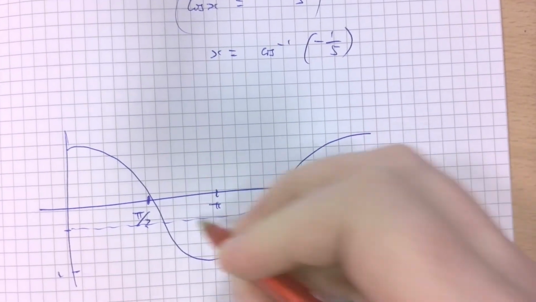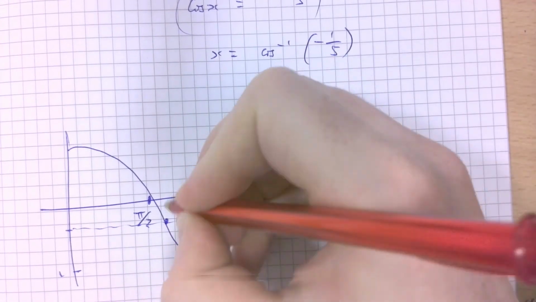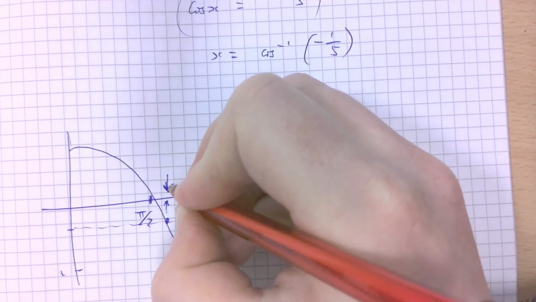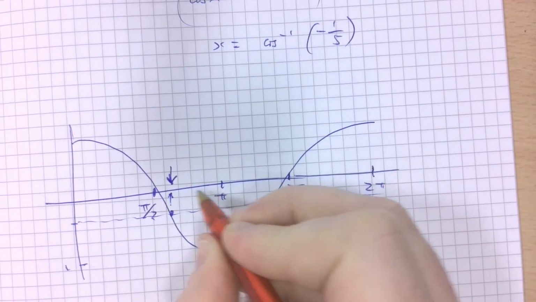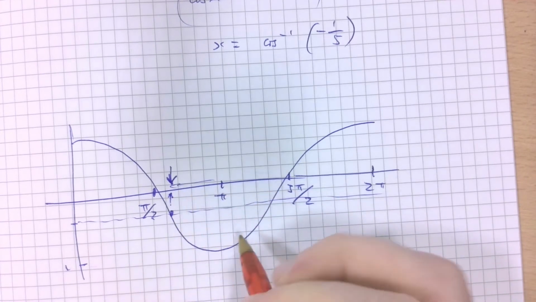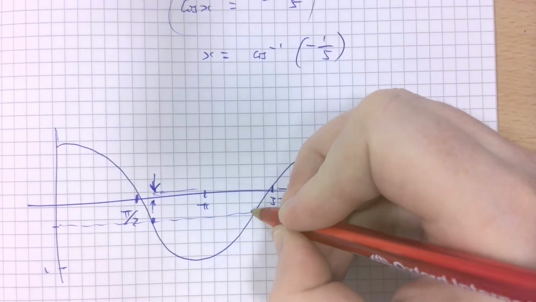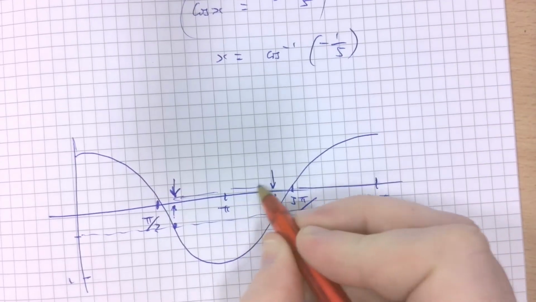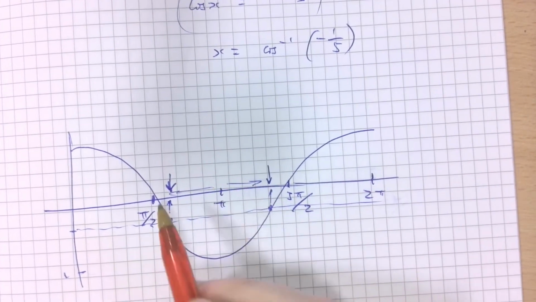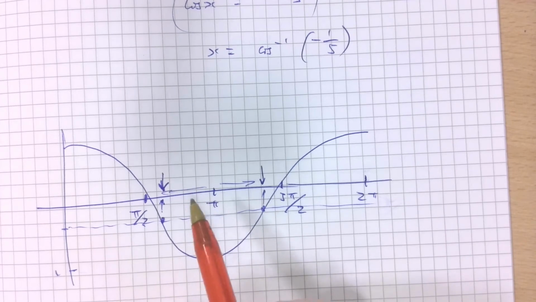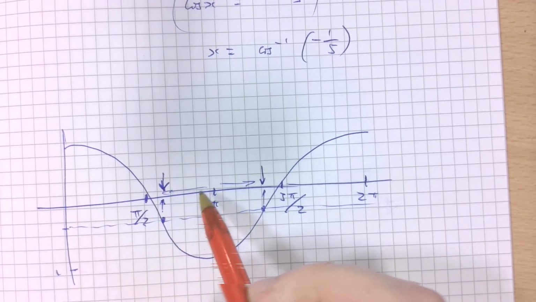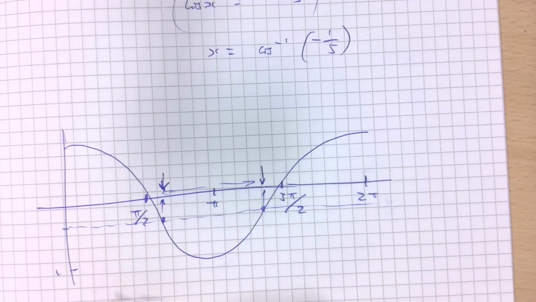And just as before, it's going to give you a value there. I don't know what that value is, but I know it's the same distance below pi as this intercept point is above pi. And that's actually really useful because once I can work that out, I can find that gap and then add it to pi to find the second one.